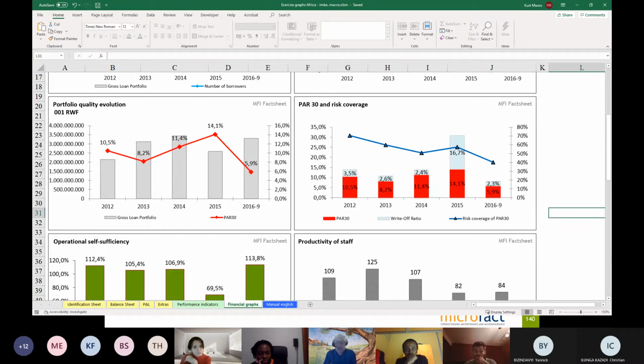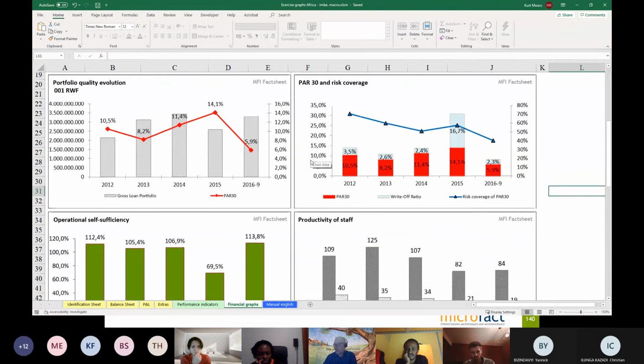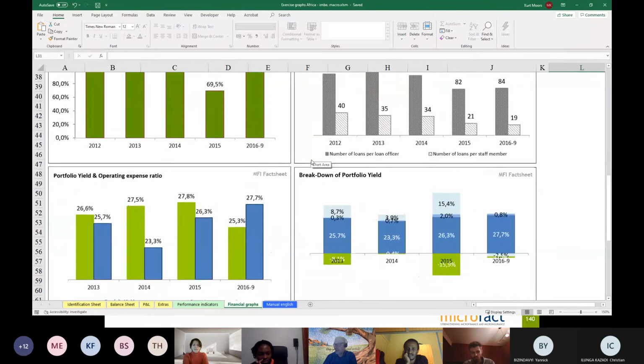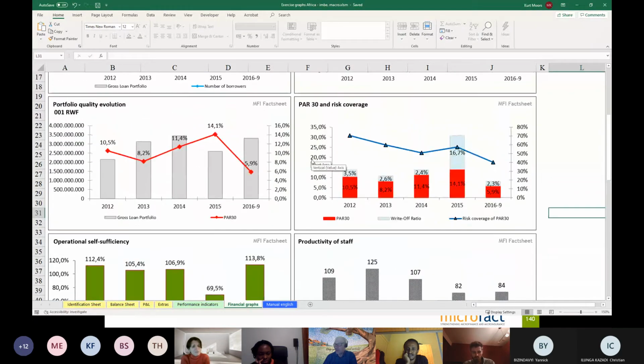The whole branch, the internal control system was not very good in this organization. So loan officers were giving out loans to clients that didn't exist, and they were putting it in their own pockets.